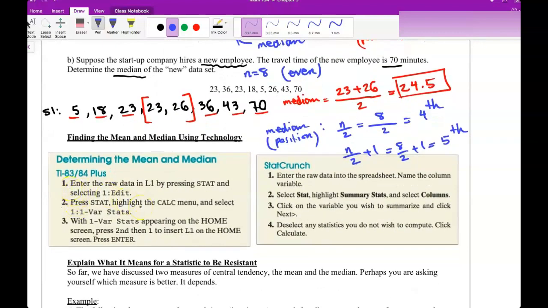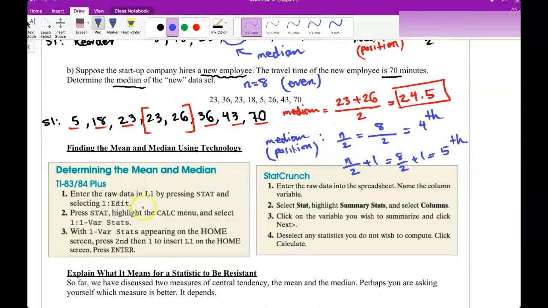We want to enter our data in L1 by pressing stat. So first step is use your TI-84 and press stat. Okay, I want to show that one.